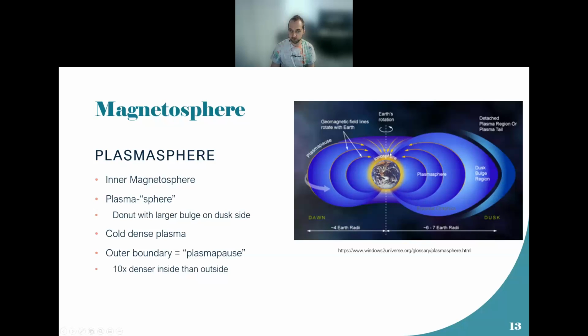Because of Earth's rotation, one side is called the dawn side, where the sun is rising, and the other side is called the dusk side, where the sun is setting. We're looking here straight on, coming from the sun, looking at Earth. And the dusk side of the plasmasphere has a bit of a bigger bulge on it than the dawn side.